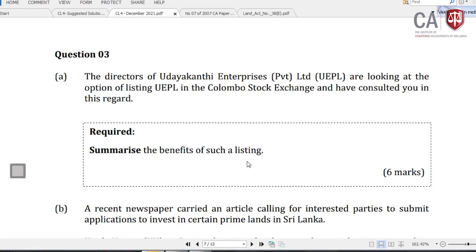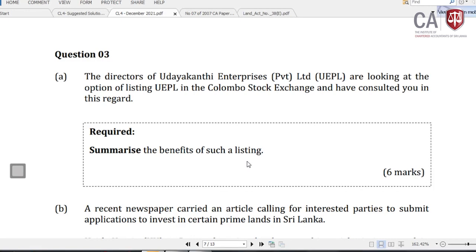the investors will be reluctant, even though that person is a friend of yours, even though a family member, they will be a little reluctant to invest in your company if you are not known to them. But if you are a company listed in the Colombo Stock Exchange, that will increase the confidence in that particular investor.